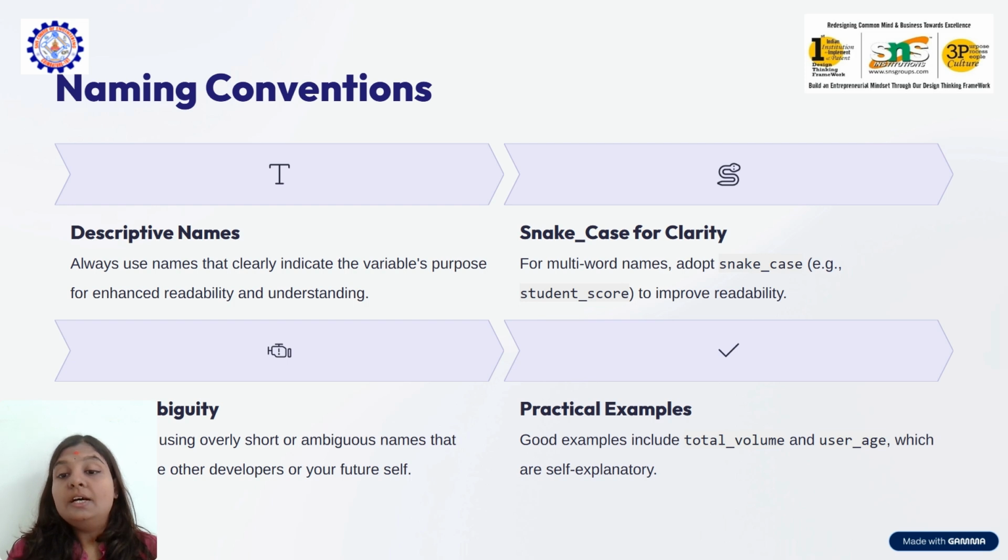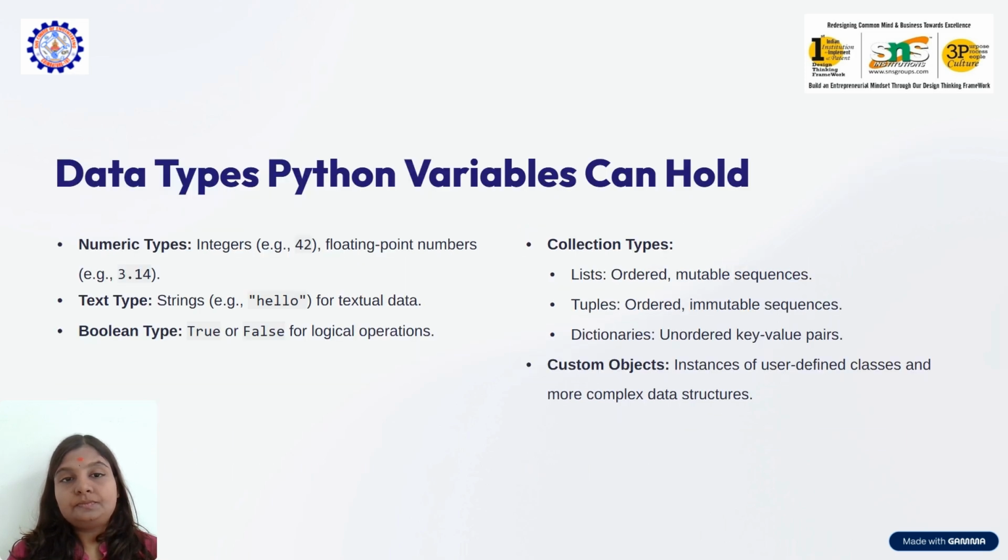Good examples include total_volume and user_age, which are self-explanatory. We can use camel case or snake case if we want to have multiple words. So, in order to avoid ambiguity, we need to name the variables with proper meaning.